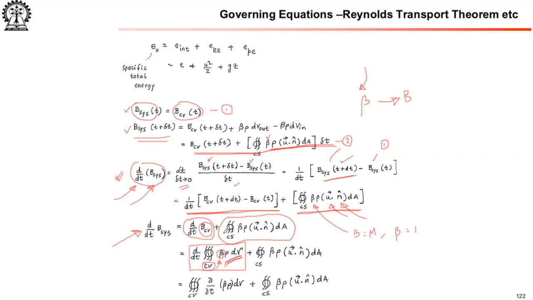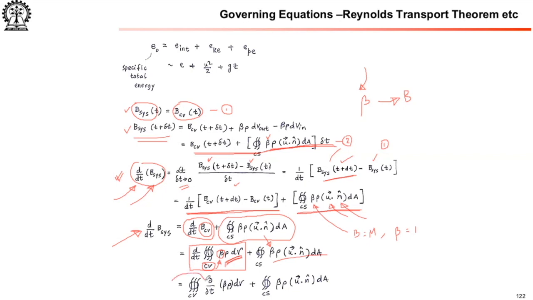So d by dt of B of the CV can be written as d by dt of the volume integral of beta times rho dV, where V here is volume, so dV is the elemental volume, plus the control surface integral of this expression, which just follows from the above expression.